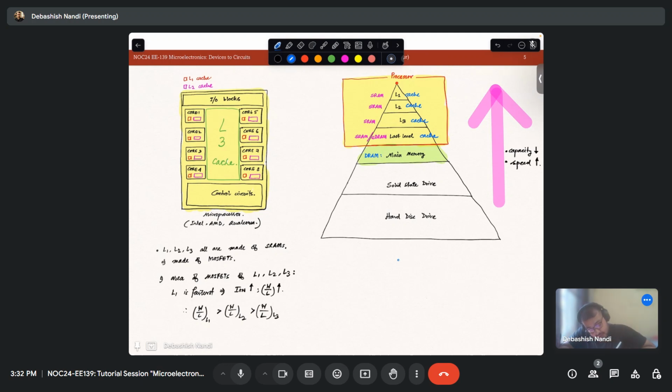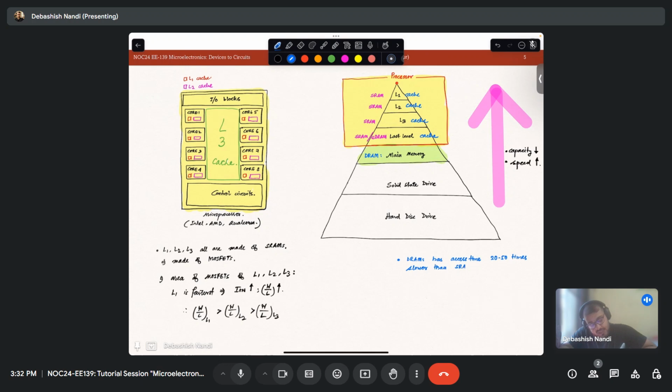DRAMs have access times, or the time required to access any instruction from DRAM to your processor, or in other words, you can also think of it as the read and write times, around 20 to 50 times slower than your SRAM.